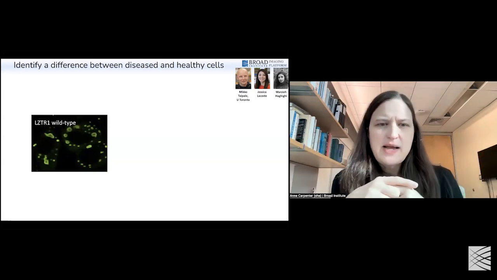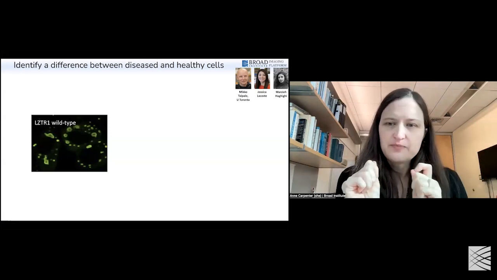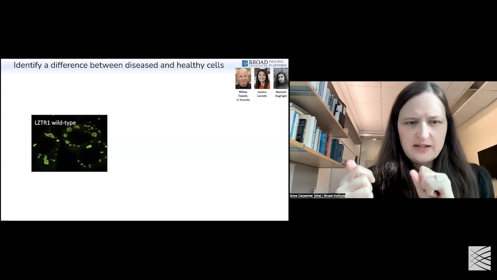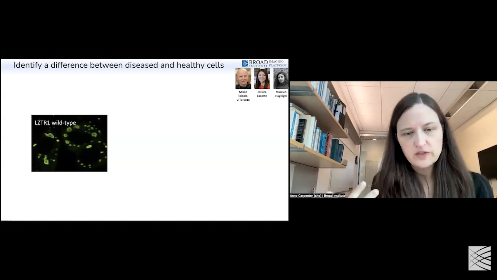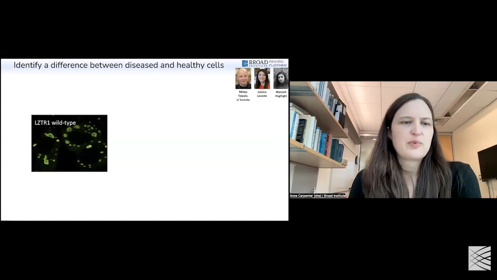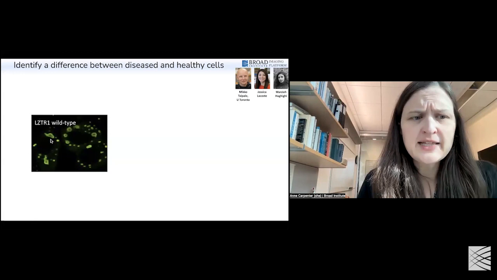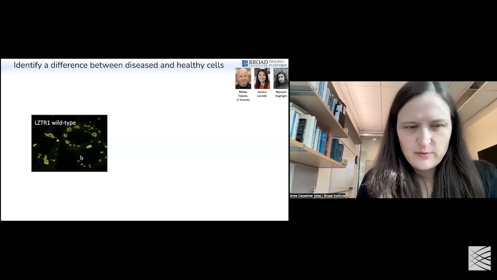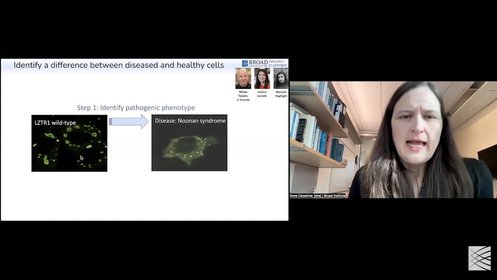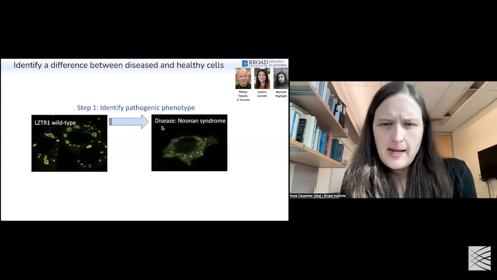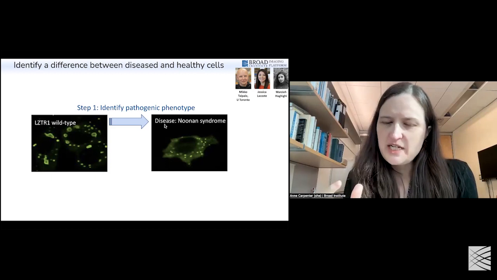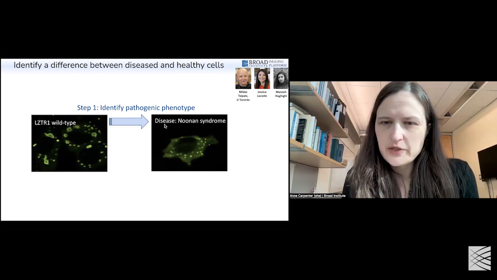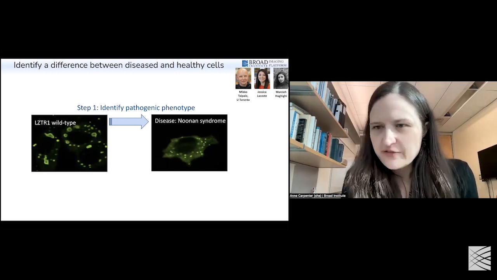But another way to come at this is to look at the variant level. And Juan is going to give a much deeper dive into this concept, but I want to give one example here. If we take this particular protein and tag it, it looks like this in HeLa cells. And if we take that same protein and give it the mutation that is known to cause a human disorder called Noonan syndrome, the localization of that protein changes.